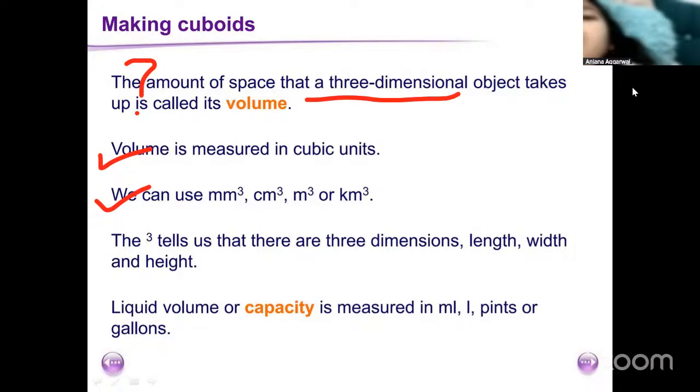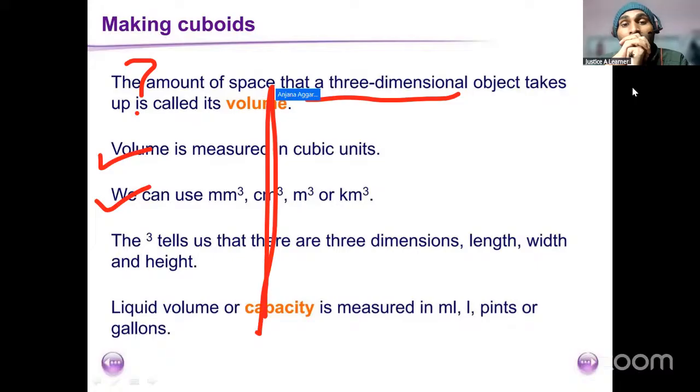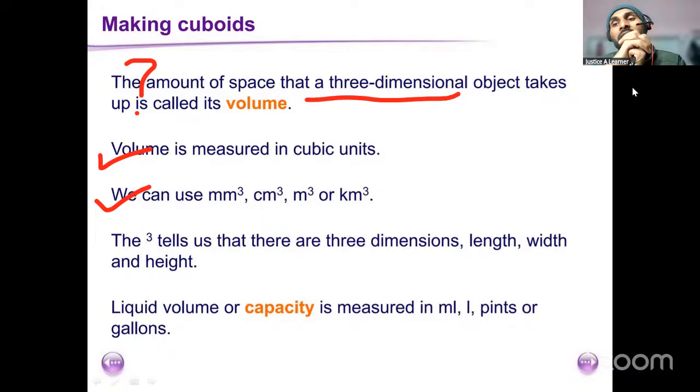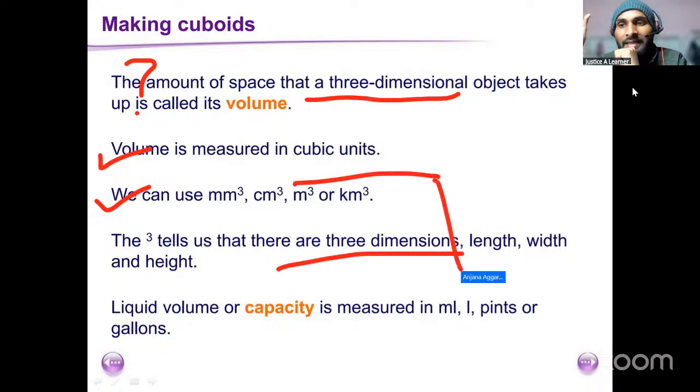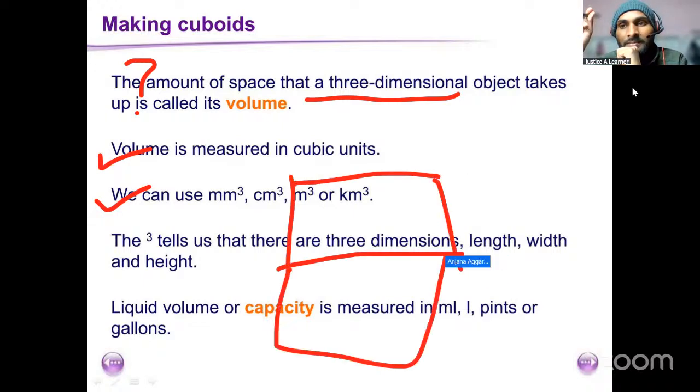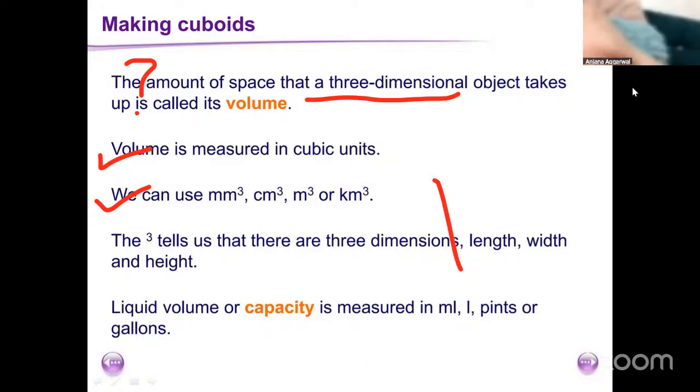Is volume two-dimensional or three-dimensional? When we are talking about area, we are using two dimensions only. For example, area of rectangle is L into W. Only two dimensions are being used.